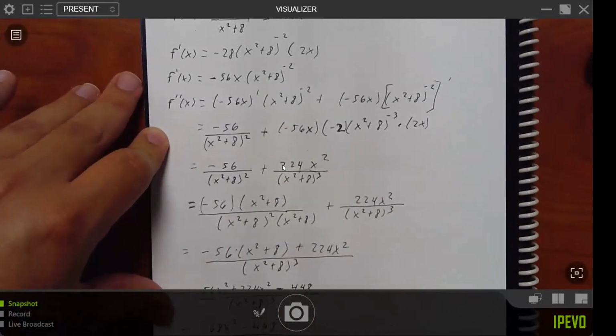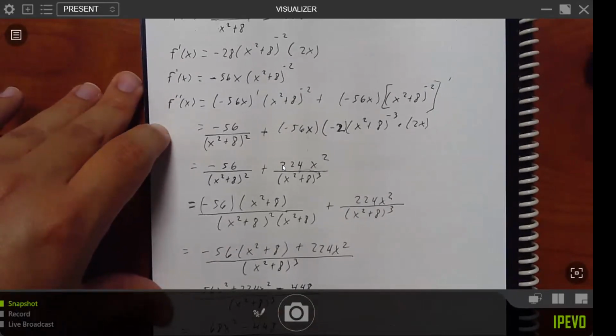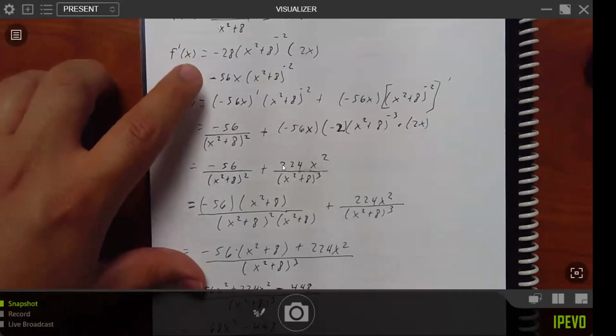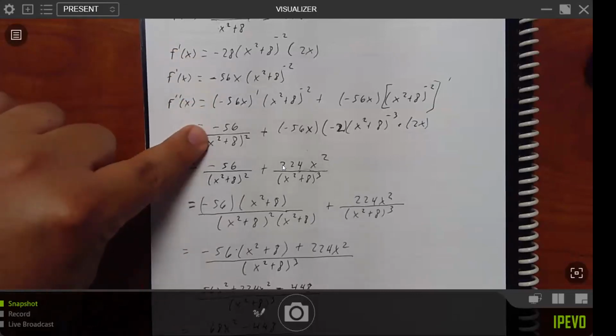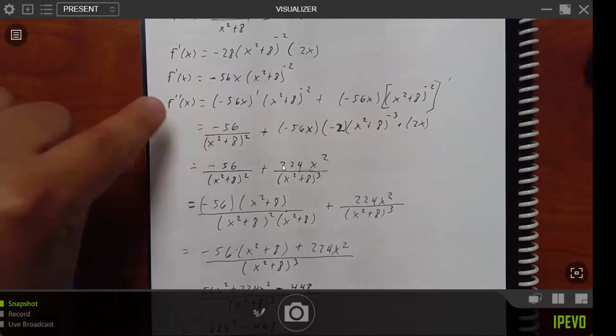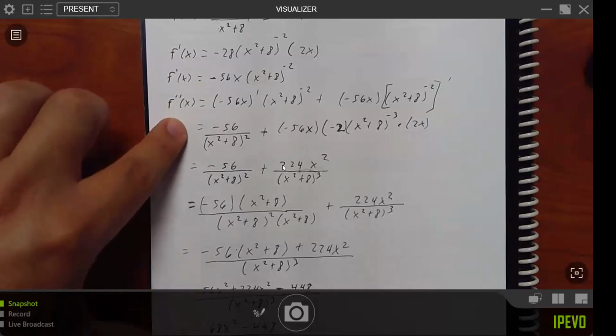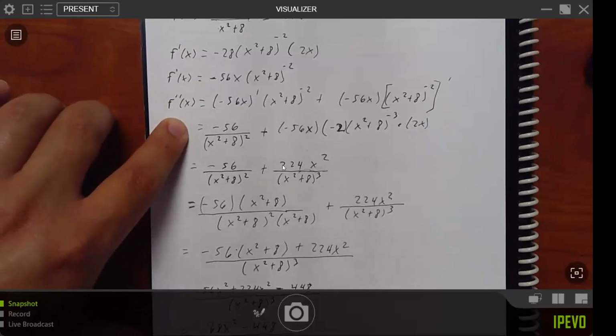Let me see. Yeah, so the first derivative, I got negative 56x over x squared plus 3 squared. Okay. Derivative that is here. Is the denominator? Oh, maybe that's why, because the denominator's 8. Ours is 3. Okay. I think that's what the difference is.